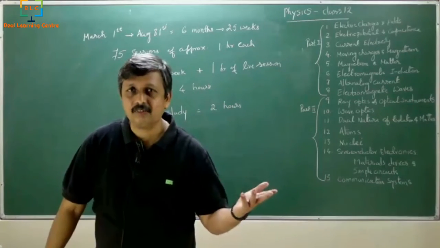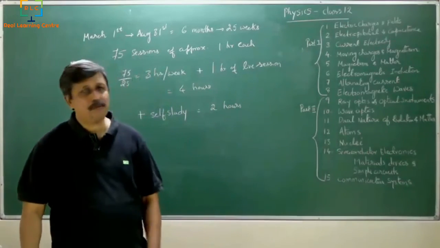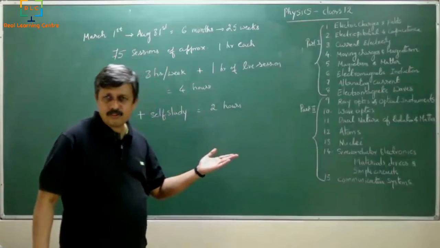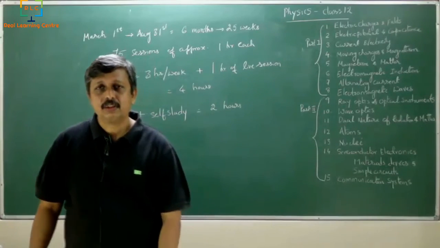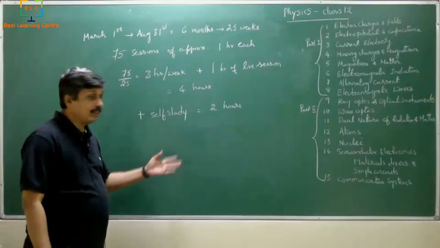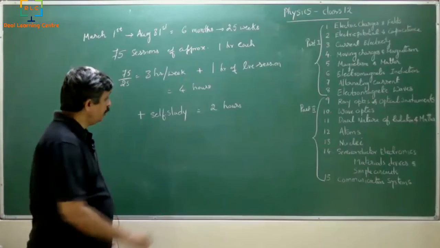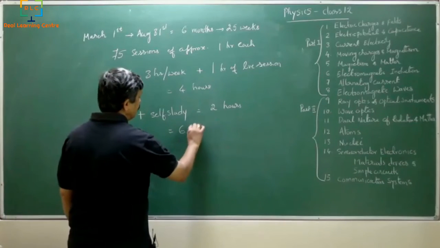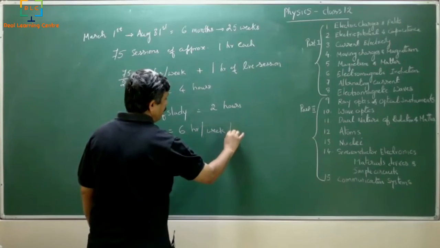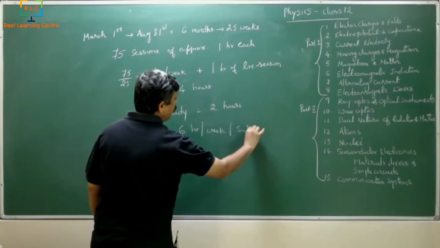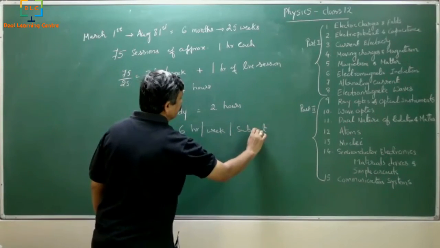If you sit together and solve some problems, maybe sometimes 3 hours would help better, but 2 hours is sufficient for most scenarios. So if we can really do it every week, that's good. So totally you have about 6 hours per week per subject.